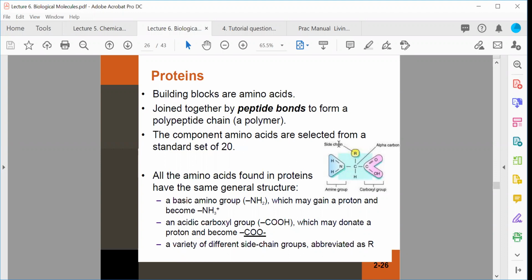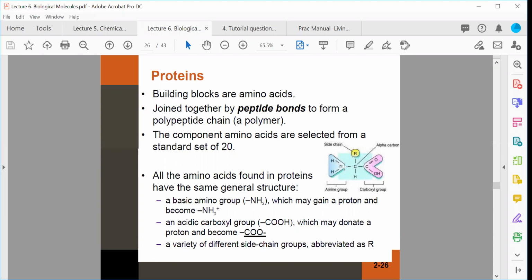Let's look at the general structure right here of an amino acid. Quite simple really when you look at them. All amino acids have this core carbon called the alpha carbon, and we know that carbon forms 4 covalent bonds. One of those covalent bonds is to a hydrogen atom. The second covalent bond is bonded to a nitrogen, which in turn is bonded to 2 hydrogens.